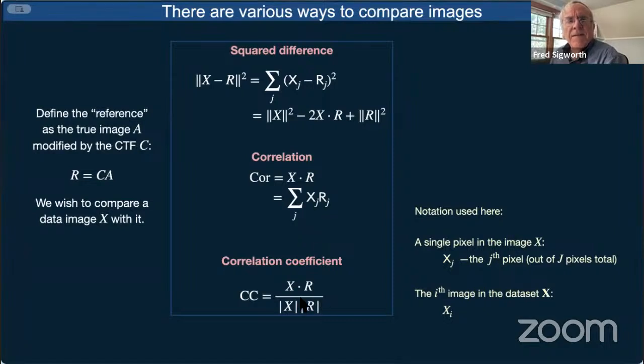And then there's a fancier way of doing the correlation called the correlation coefficient, which is a normalized correlation, where you do the correlation and you normalize it by the product of the magnitudes of the image and the reference. This is nice because its maximum is supposed to be 1, whereas this one's maximum depends on just how much signal there happens to be at that place in the images.